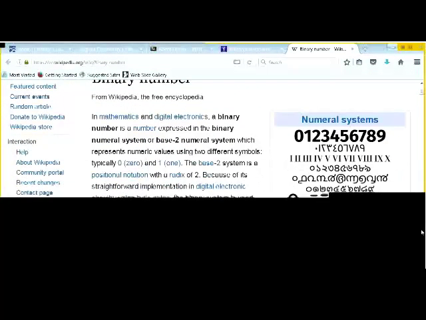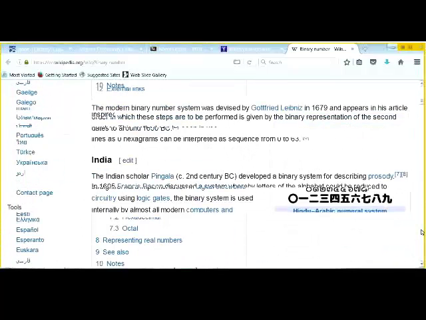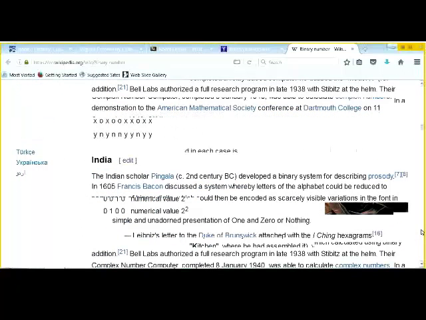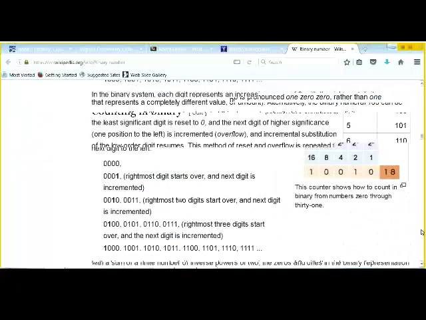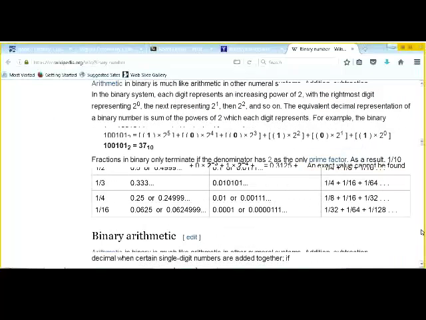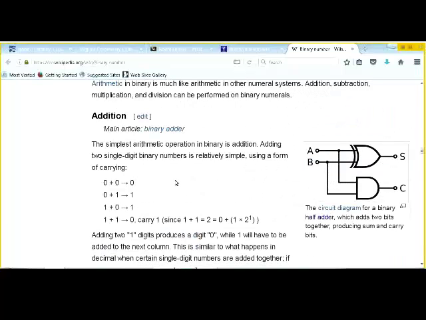And so what I'm going to do here is show you something. If you go down here and look at binary, it talks about how you deal with fractions.